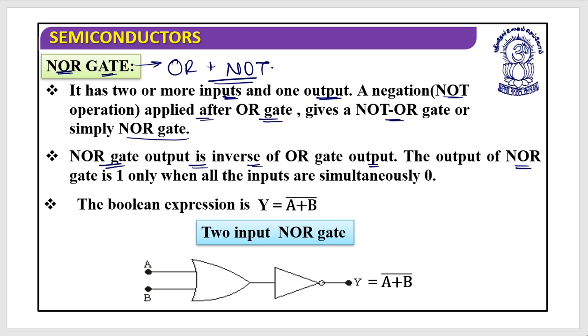The output of the NOR gate is 1 only when all the inputs are simultaneously 0. The Boolean expression for this is Y equals (A plus B) whole bar, and this is the schematic of it.